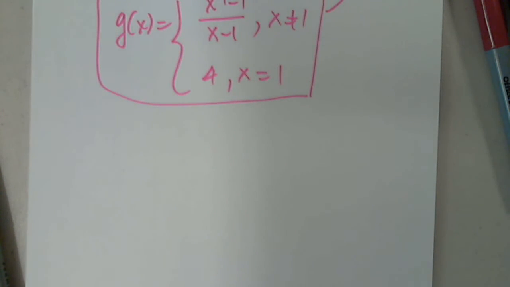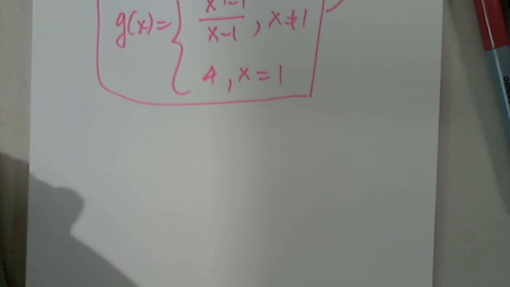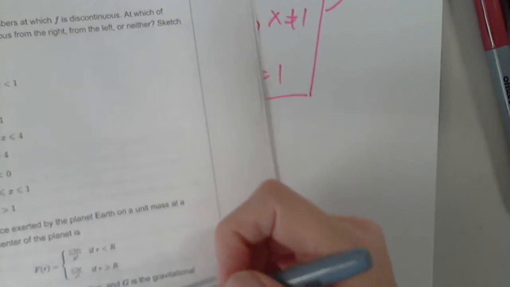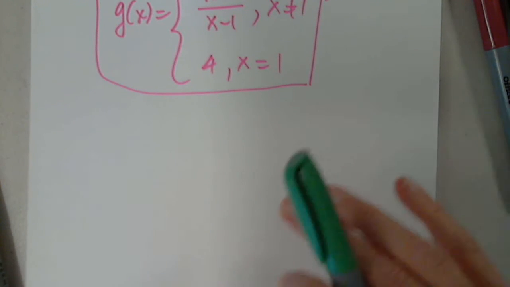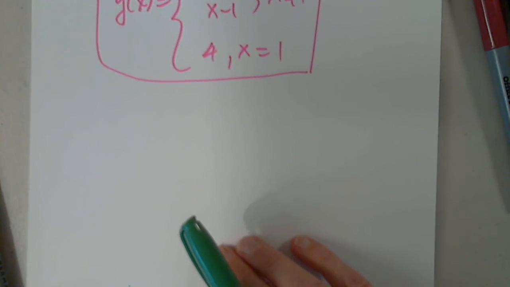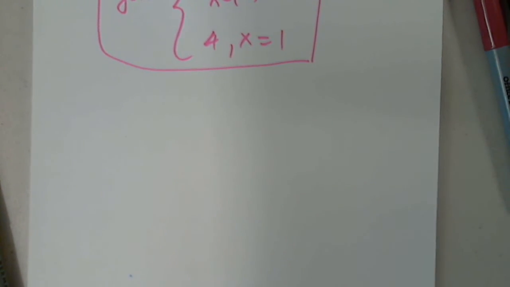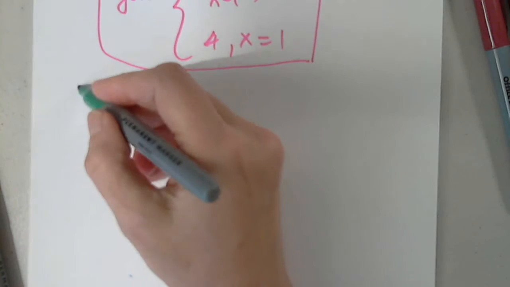Okay, let's look at a problem with a parameter. And let's see what that means. Let's say we're given this function. Any questions on this, please? Anything? Don't let me move on if you have questions, please.